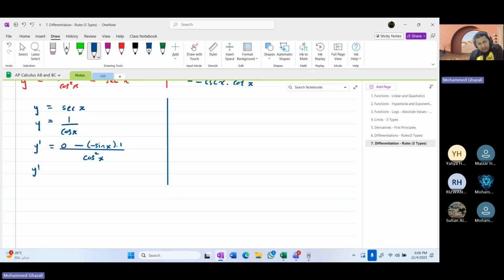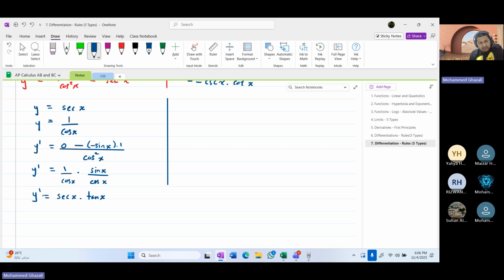So now your y prime is 1 over cos x, split the denominator into two parts, and then take sine x over cos x, because negative and negative is just plus. So the only thing that you have on the numerator is sine x over cos x.